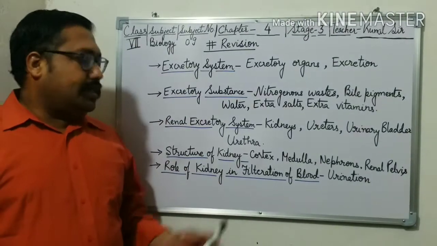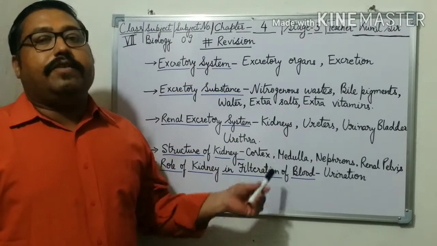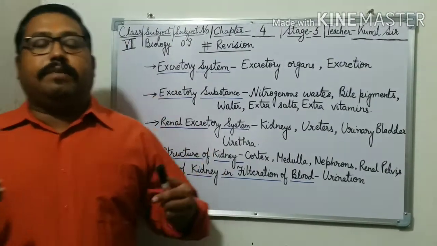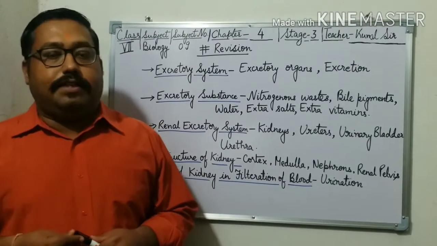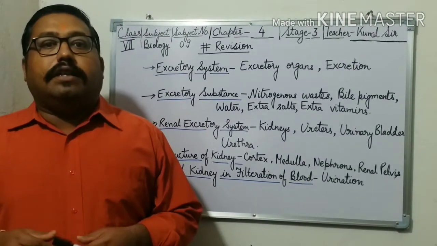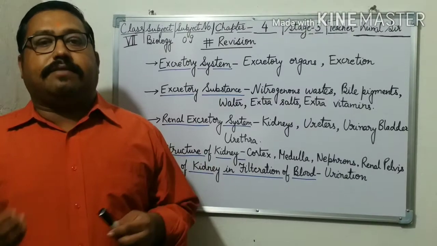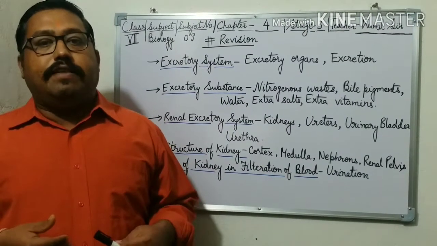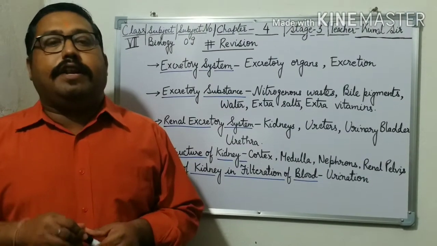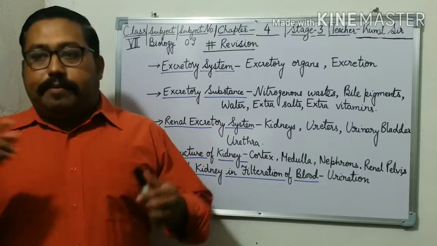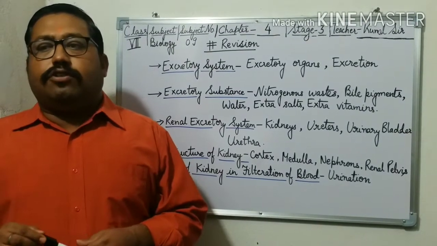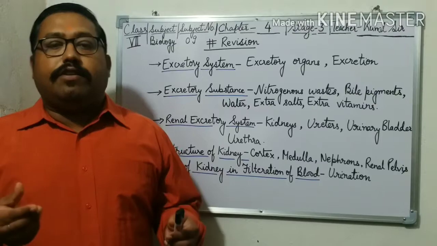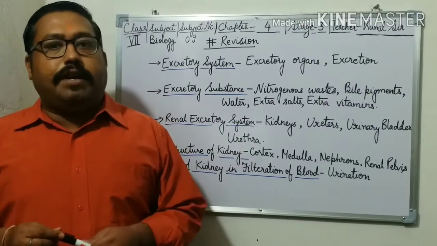Now let us revise the role of kidneys in the filtration of blood. The blood containing excretory substances goes to the kidney with the help of an artery called renal artery. This artery supplies the blood to the nephrons. Nephrons are the site of filtration of the blood.